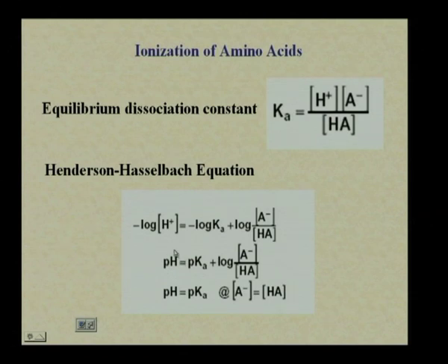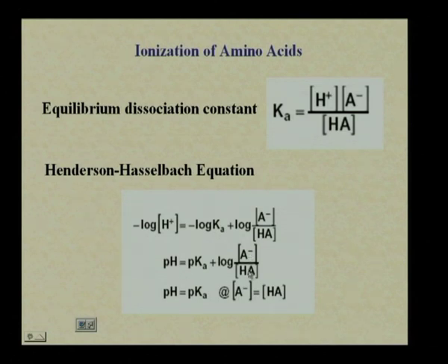Okay. So, what do I have here? I have the pH of the solution equal to the pKa, right. What is the pKa? It corresponds to this equilibrium, plus log A minus by HA. So, what is this? This is the base form, this is the acid form, or rather the salt form or the acid form. Okay? That is the way we write what is called the Henderson-Hasselbalch equation.